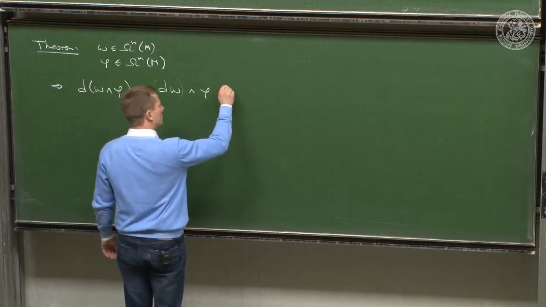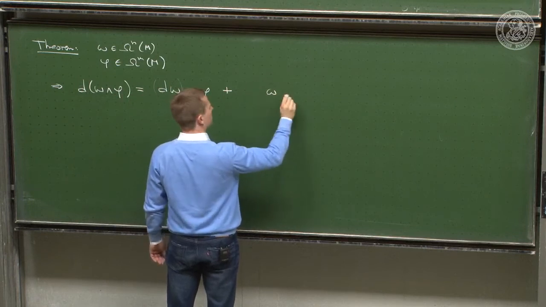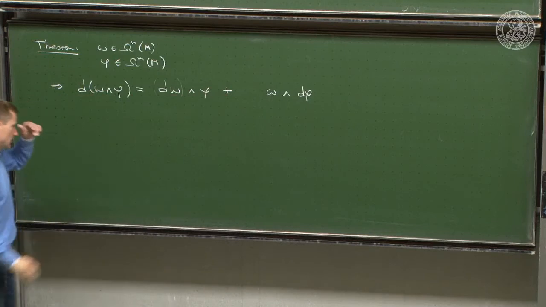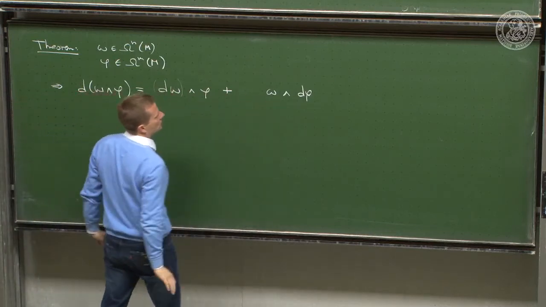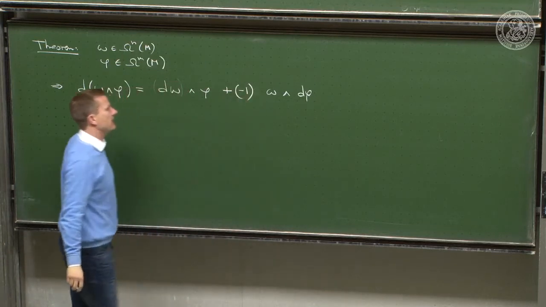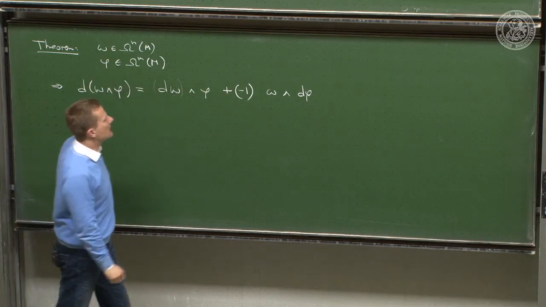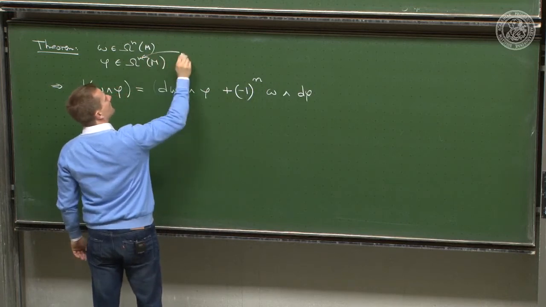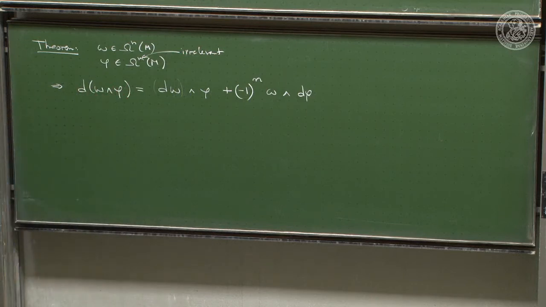And if it was an ordinary Leibniz rule, you'd put a plus, and then you keep the first one, and you apply the derivative operator to the second part, and that would be the Leibniz rule. But it simply isn't like this. There is an extra sign factor here, but only the degree of the omega counts. So this degree here is irrelevant for the formula here.